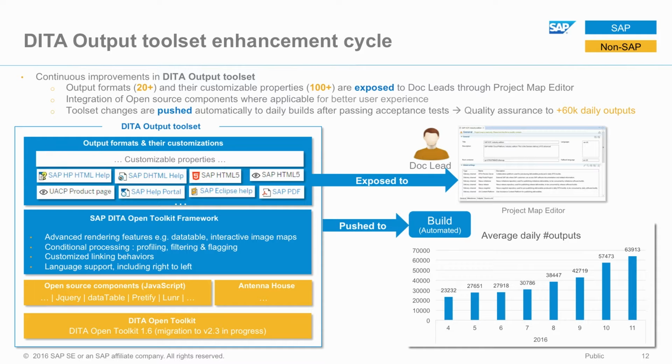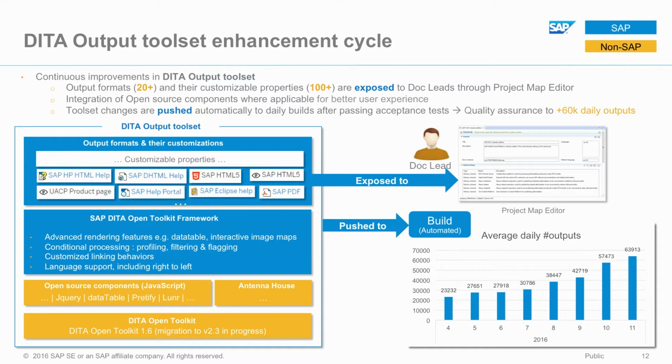I don't know in detail all the plugins we are using there. We have a very creative team working on that. And on top, we have implemented a bunch of customizations. This is what we call our Open Toolkit framework, where we defined a unified behavior before we create various trans types on top.